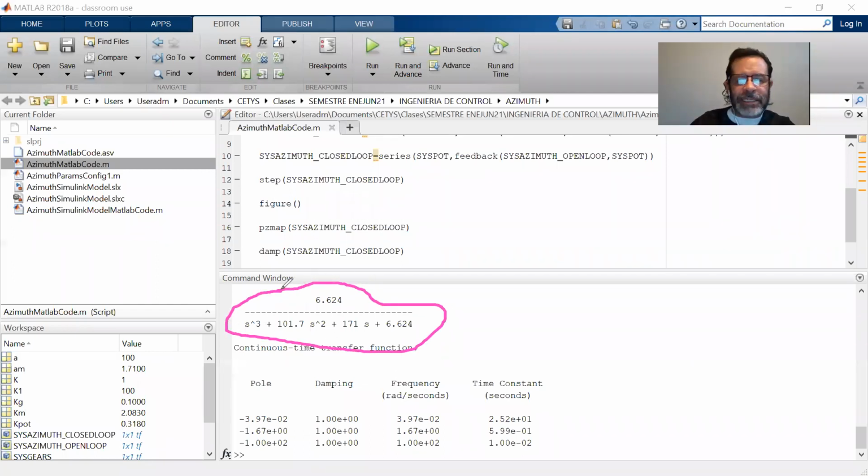It's third order because it's s to the 3. That means that if it's third order, we have to have 3 poles. Okay. Now, the only combinations I can have here are the 3 poles are real and different, the 3 poles might be the same and real, or 1 pole is real and the other 2 are imaginary. Those can only be the combinations I can have. So we have 3 poles there.